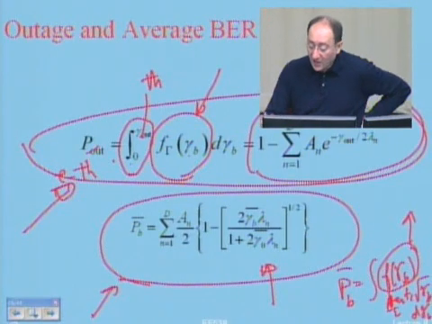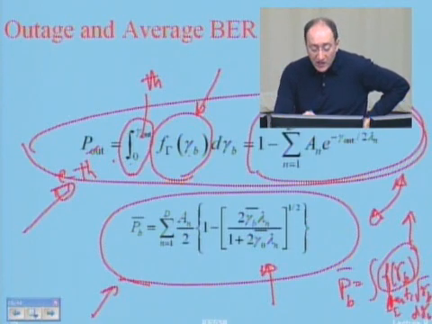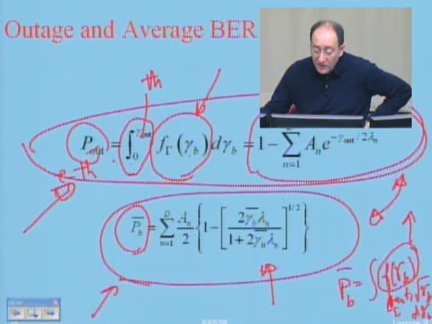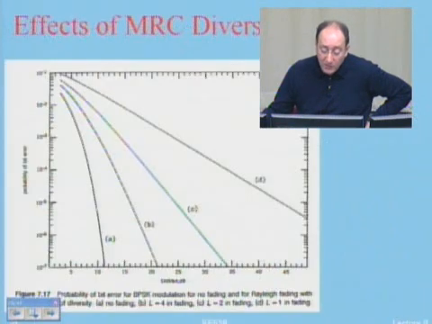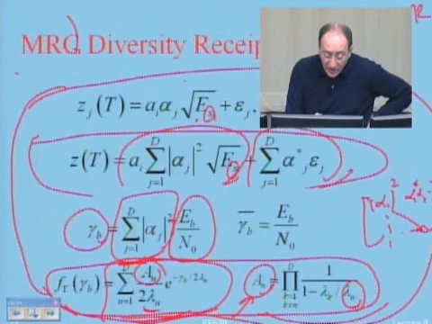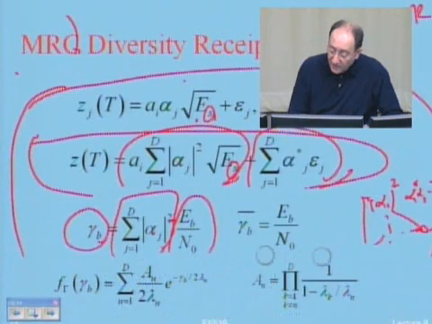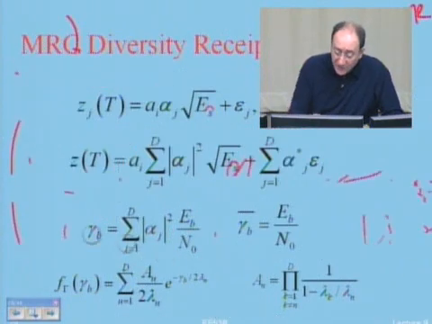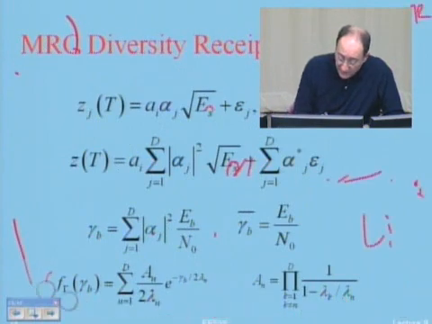But anyways, I have two closed-form equations, which are generalized equations for average error rate and probability of outage. How did I calculate them? I used the probability distribution function of received signal to noise ratio for D order of diversity, if I have D diversities.